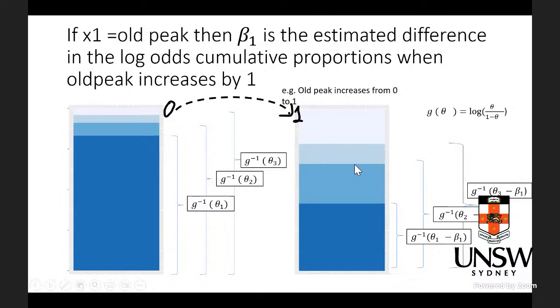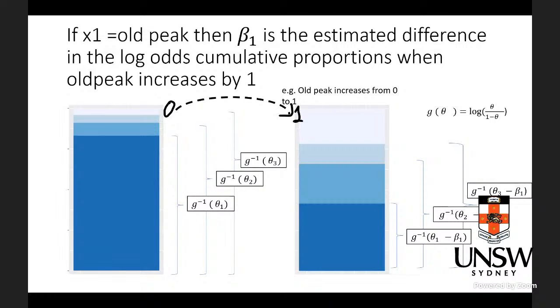So here, is beta 1 positive or negative? Positive. Thank you. So just to talk that through, as old peak increases, we saw in the visualization that your chance of being in a higher disease severity class seems to be higher.